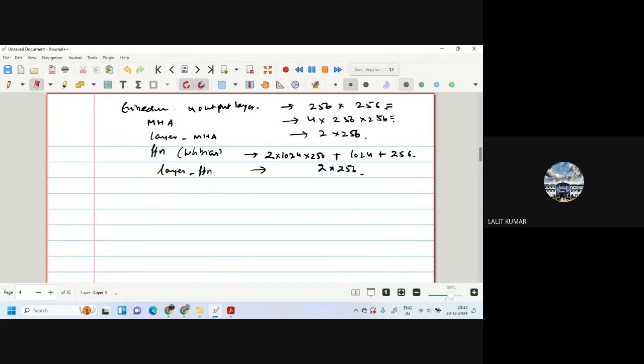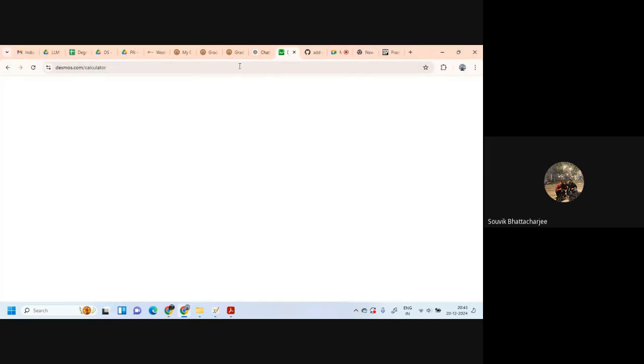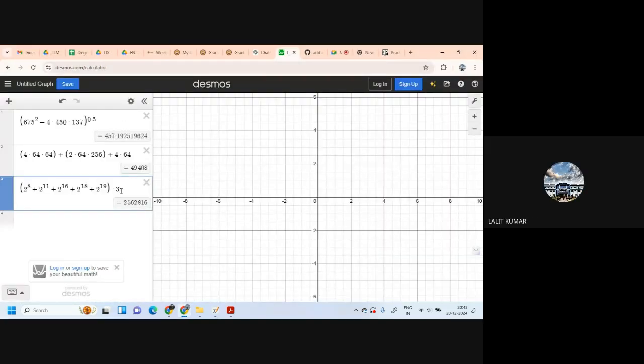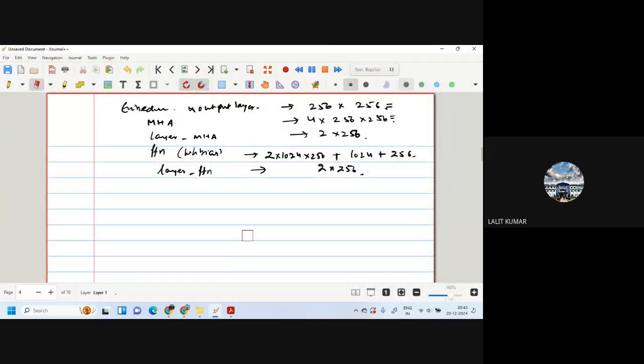Just 256 into 256 is 65536. Okay, just hold on. This 65536 is correct. Let's obviate any mistake. 65536 into 4 will become 262144.